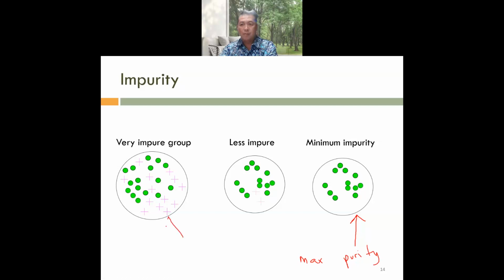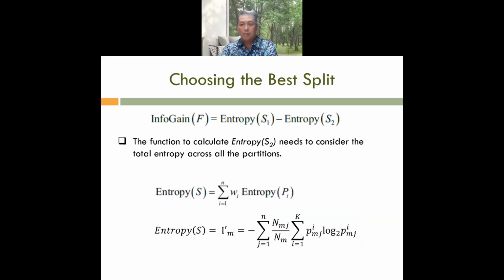We do not want to have this one because it doesn't tell you how important that particular feature is for your data set.